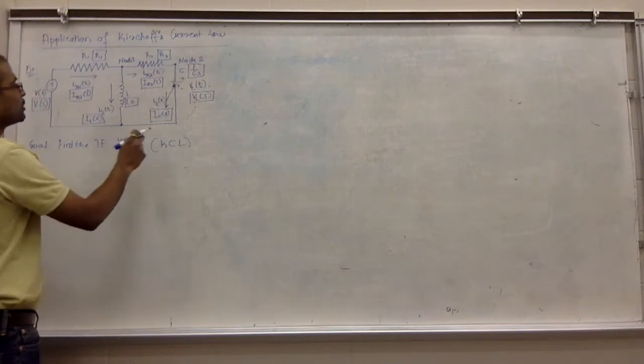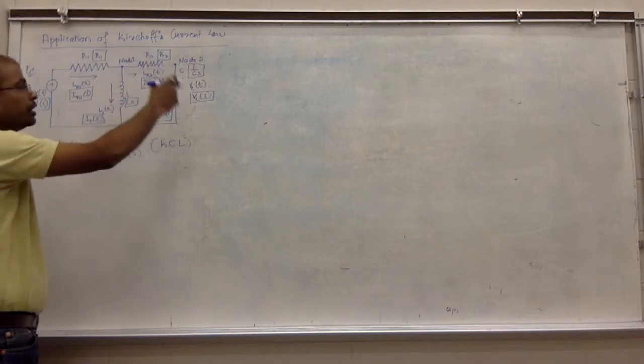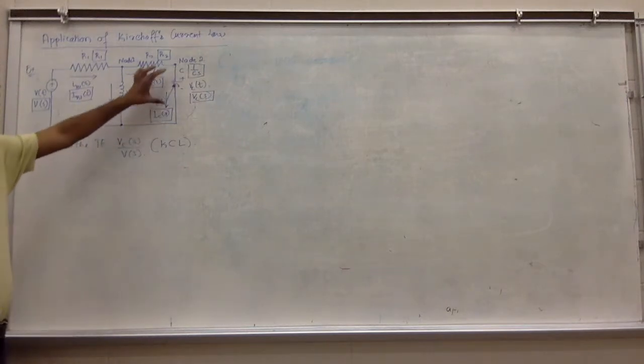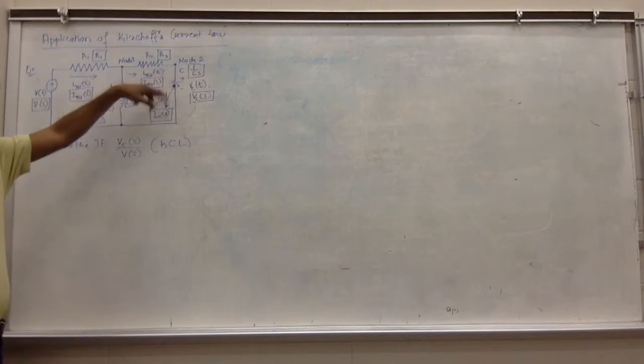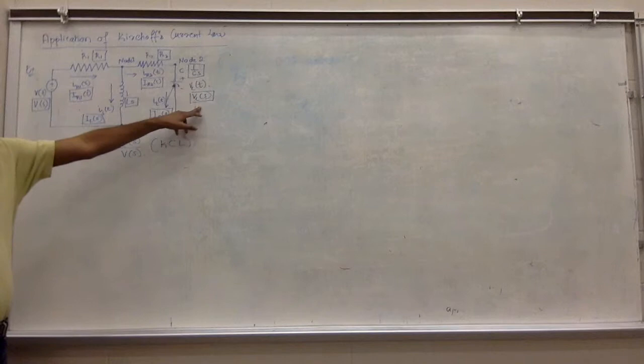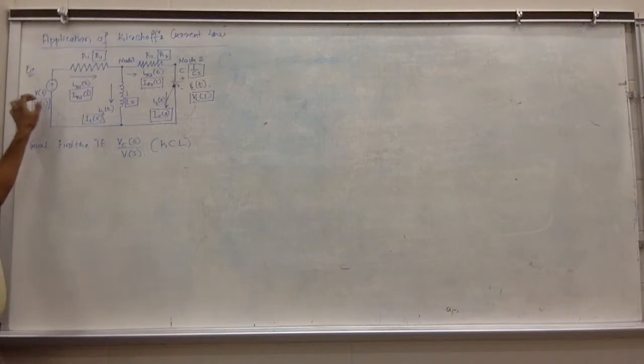If you measured the voltage across this, you would call it VL of S, the voltage across the impedance L. You can measure voltage. There is current flowing through here, and if you multiply the current by the impedance, you get the voltage. This is the input voltage.